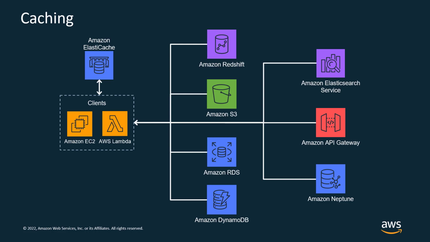It's not just relational databases. Amazon Neptune, which is our purpose-built high-performance graph database, can take advantage of a cache layer on top by caching your most commonly used and most resource-intensive queries. As long as you can query the data, you can cache the result in ElastiCache for ultra-fast performance. So the data source is not important.